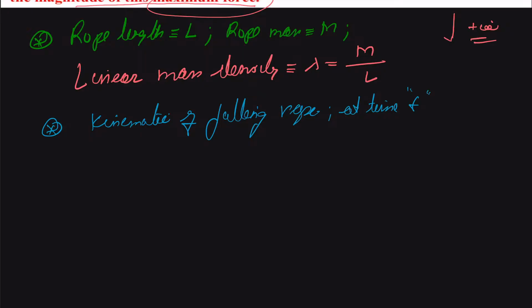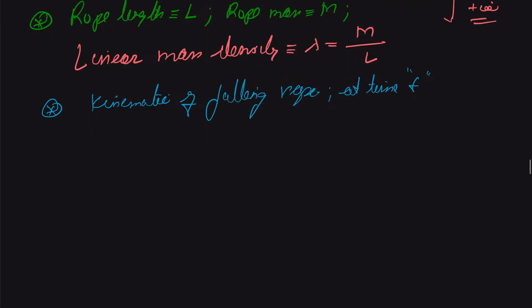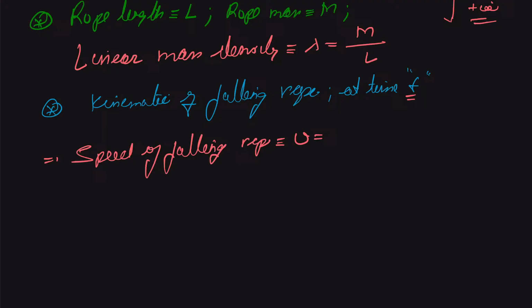At a certain time t, we can write that the speed of the falling rope, suppose that is given as v, it is going to start from rest. So we can say v will be equal to gt.